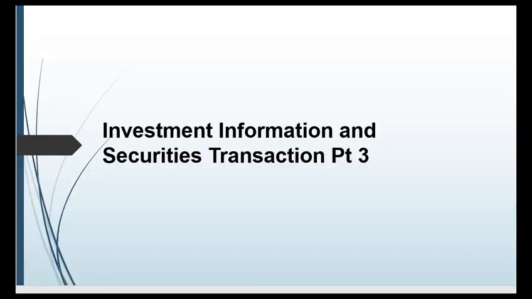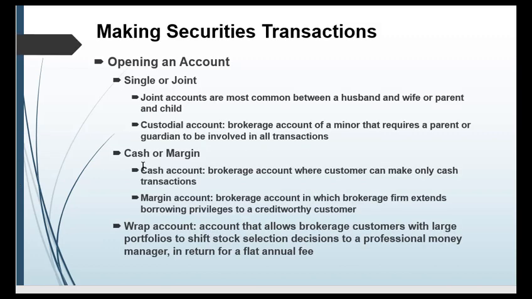Okay, in this final video on investment information and securities transactions, let's take another peek at transactions and talk about some strategies with respect to how we make transactions. So we obviously need to open an account, and you can have either a single account or a joint account.